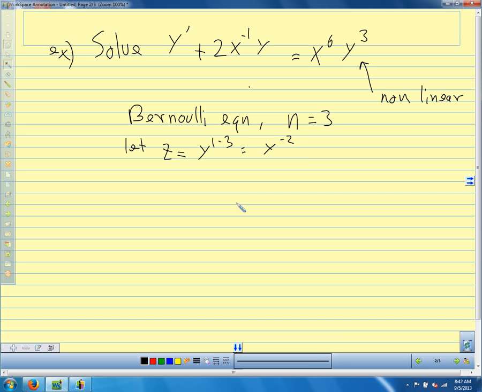Now here's where we can save ourselves a lot of work. I'm going to find z prime. z prime equals minus 2 y to the minus 3. And we just found this in the last equation. So what quantity is this in terms of our n's and our y's?